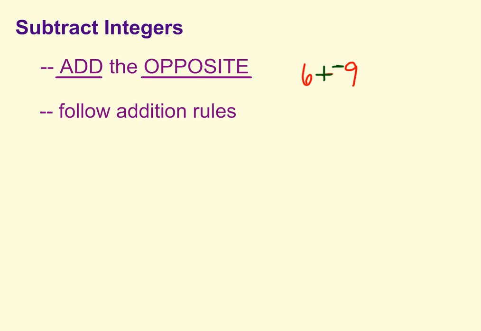Or let's say you had 6 minus a negative 9. To add the opposite, you take your subtraction, make it addition, and then you do the opposite sign of the next number, so that would become a positive 9 as well. So that's add op, and once you do that, you have an addition problem, so you can just follow your addition rules.